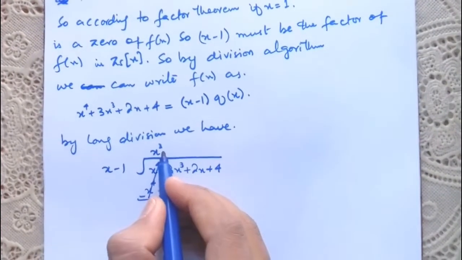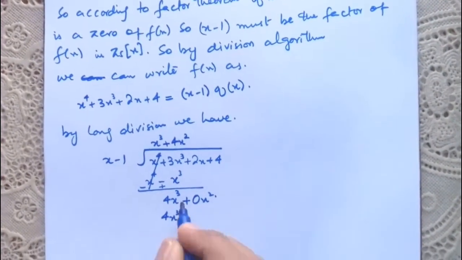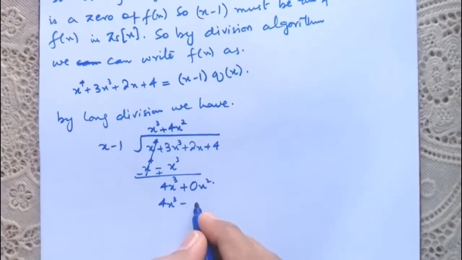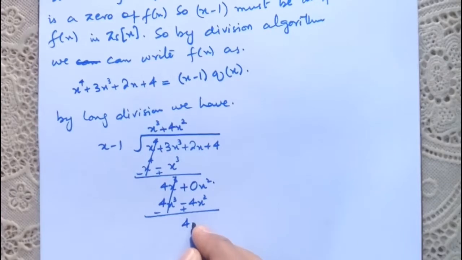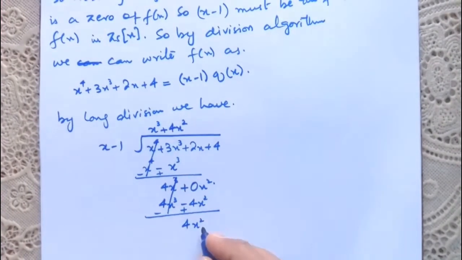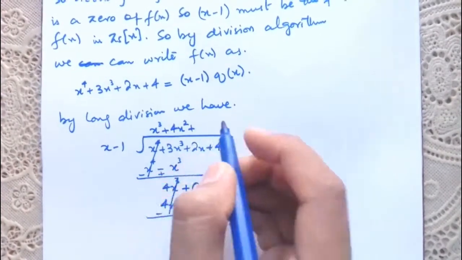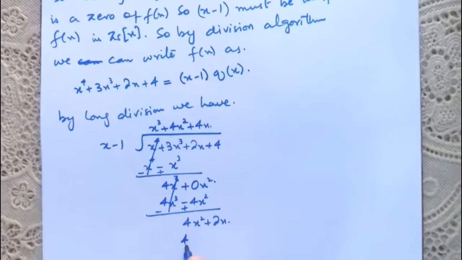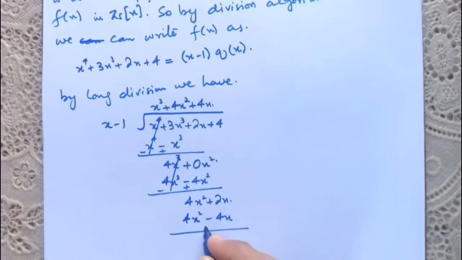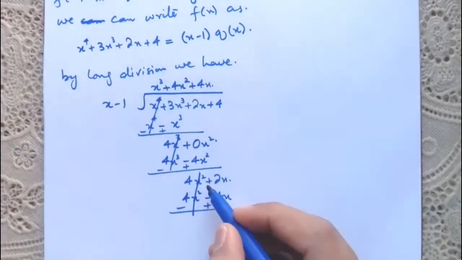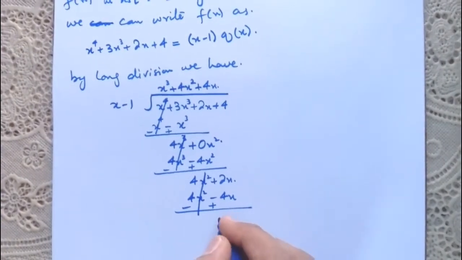This factor is multiplied by +4x^2, we get 4x^3 - 4x^2, so it's 4x^2. Now we write this term plus 2x and multiply this factor by +4x, we have 4x^2 - 4x, and then 2 + 4 is equal to 6, and 6 in Z5 is equal to 1.